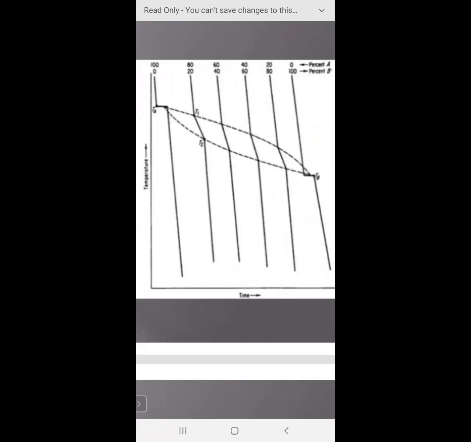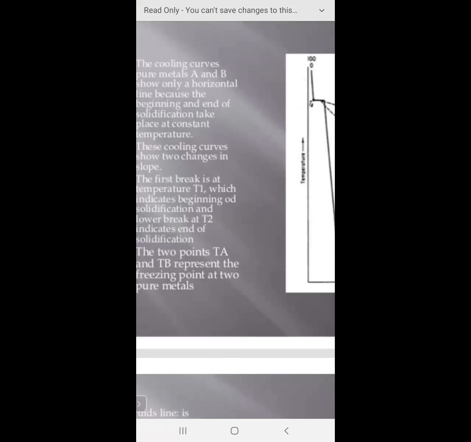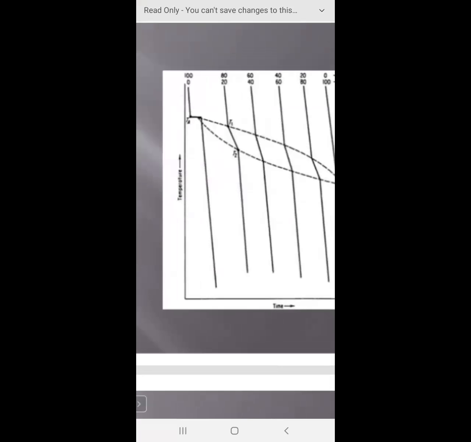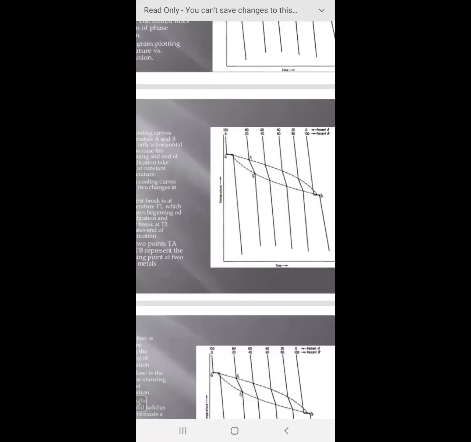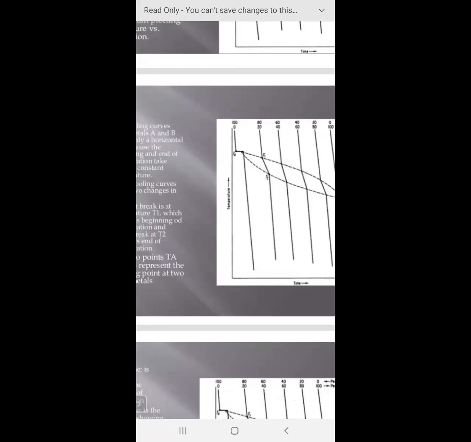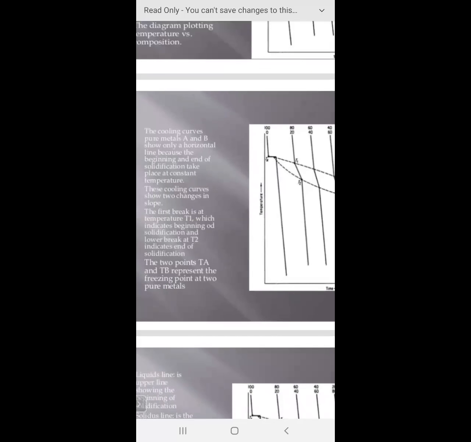Particularly here, this total is the phase diagram. In this one, the two points TA and TB represent the freezing points of the two pure metals. TA and TB are the temperatures of the pure metals. The remaining T1, T2, T3, T4, T5, T6 and so on are the temperatures of the alloy series.